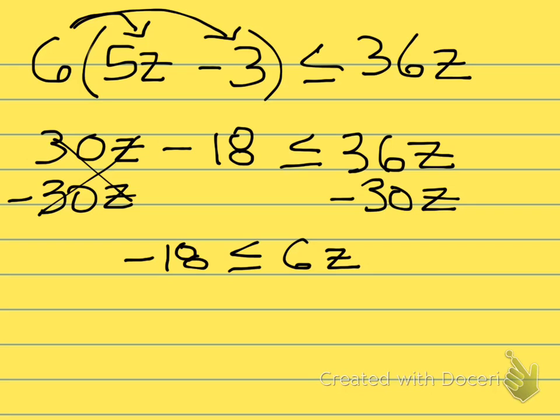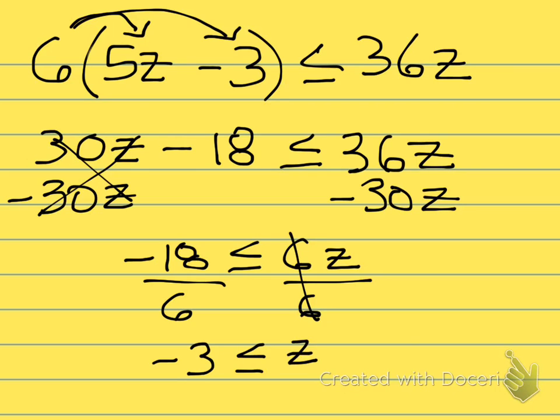Then I need to get z by itself for the final step, so I divide both sides by 6. Now I didn't divide by a negative, even though my answer is negative 3, so I'm still going to keep the same direction of the symbol. But again, if I read from the variable side, I would read z is greater than or equal to negative 3.